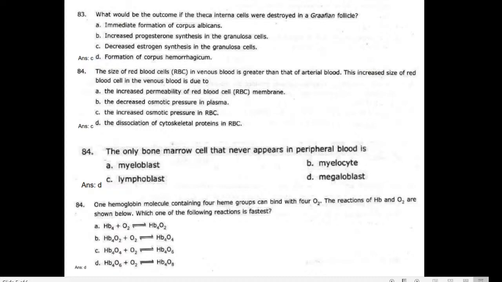Here the keyword is that they provided the question with the theca interna cells destroyed. The Graafian follicle is the follicular stage after the first mitotic division and before the ovulation, in between stages of cell development. This happens in the ovary.